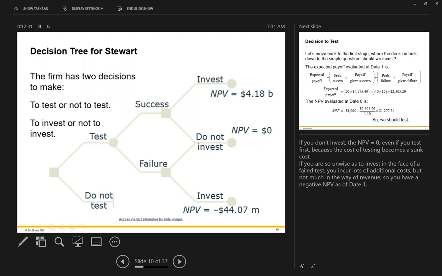If they fail and they don't invest, NPV is 0. So first we have to take a look at whether we invest or not, based on the successful and unsuccessful results, and then from there determine if we should even test or not test. If we test, these are our potential results. If we do not test, it's dead in the water.